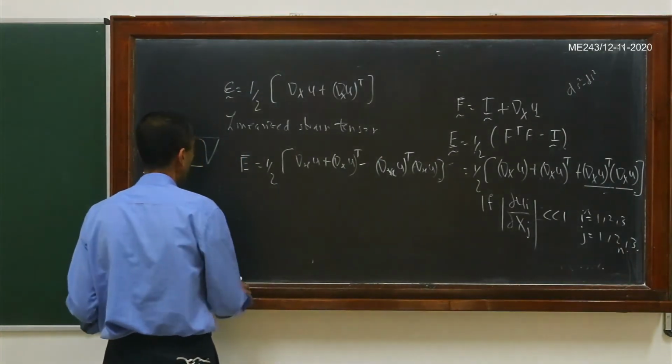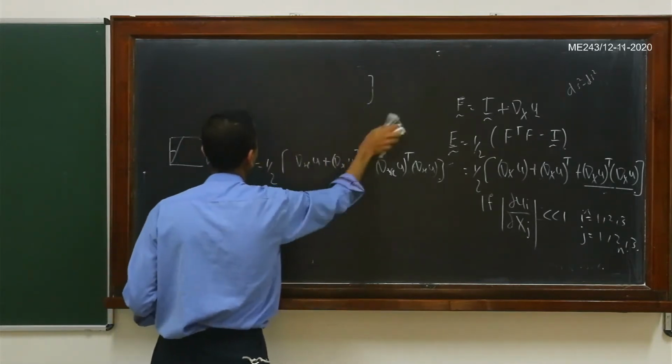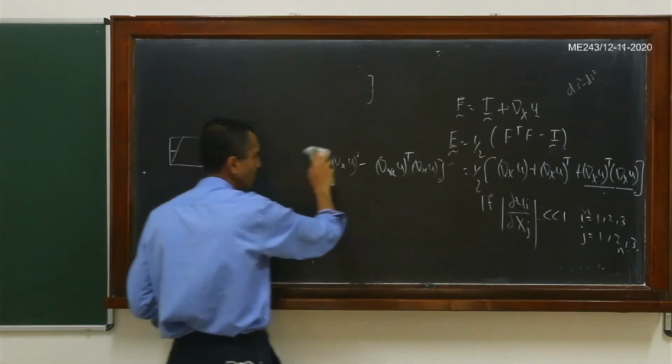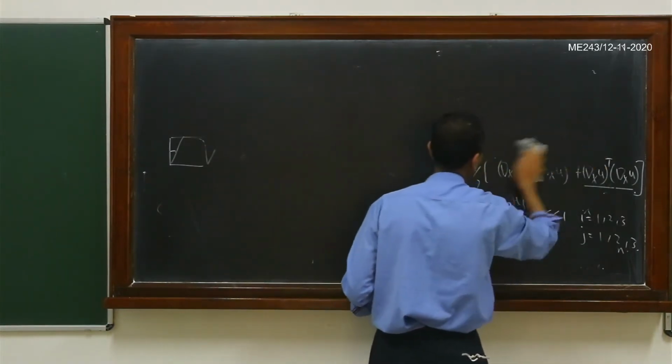That is what we are now going to show: if the motion is rigid, then E is equal to 0, and if E is equal to 0, then the motion is rigid. First, let us define what we mean by a rigid motion.